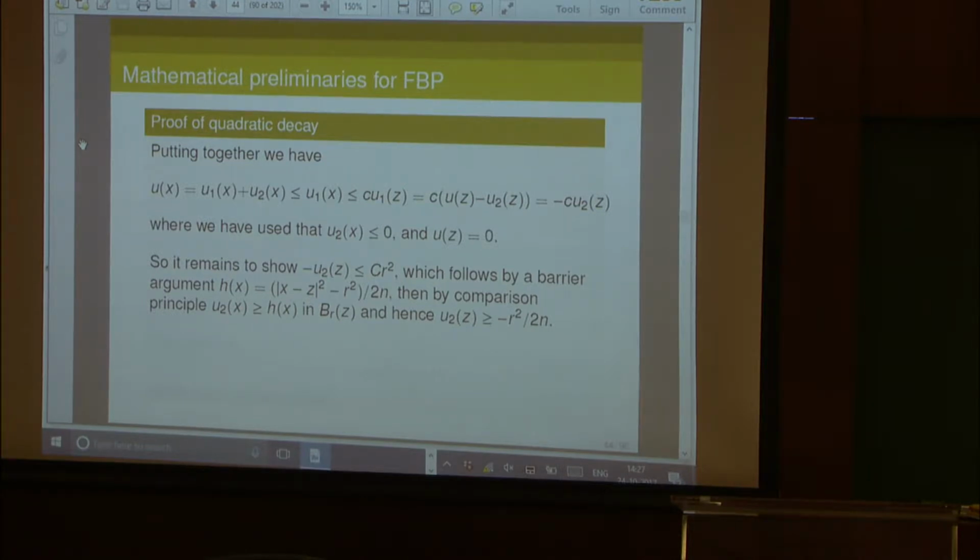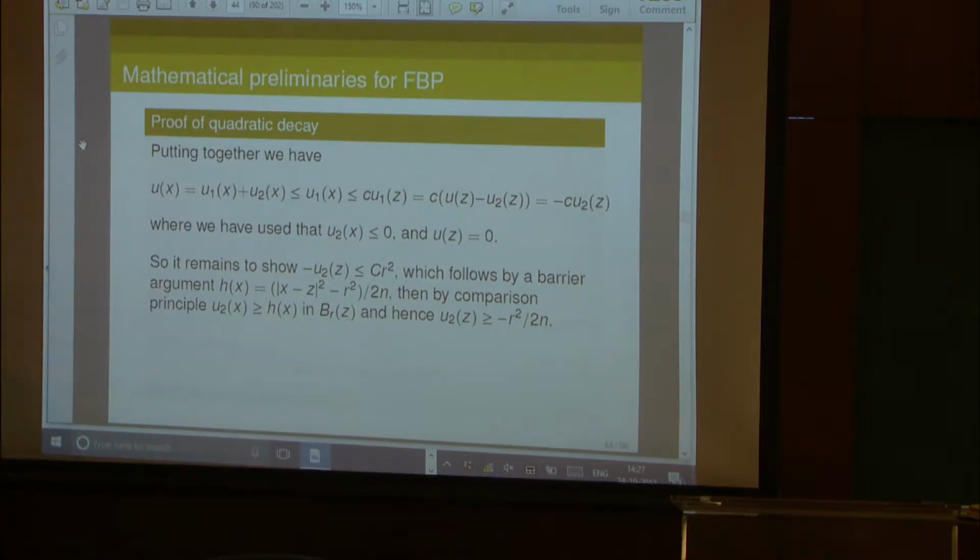So it's going to be concave and then maybe harmonic someplace. I can make this even larger, taking a larger concave function, which is explicit.